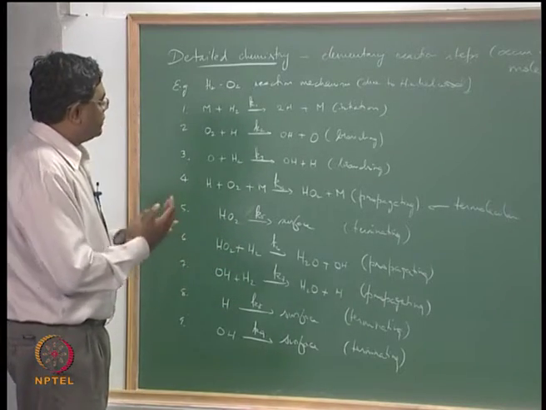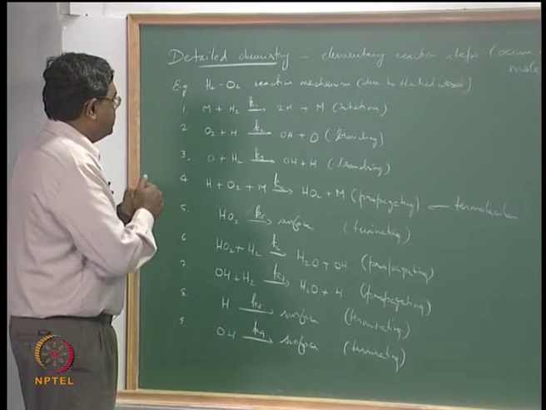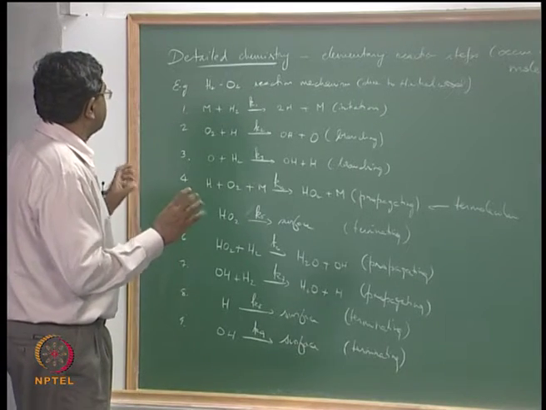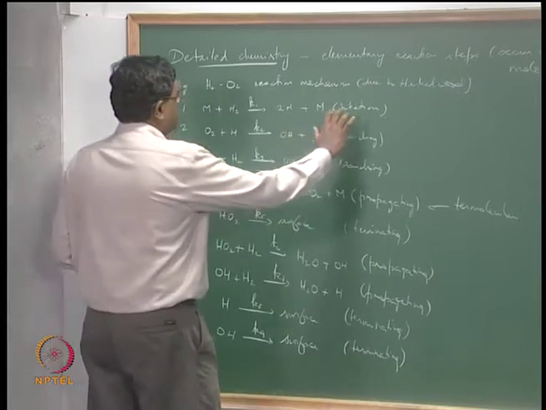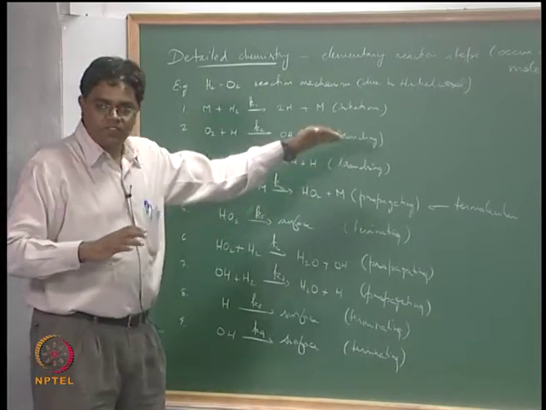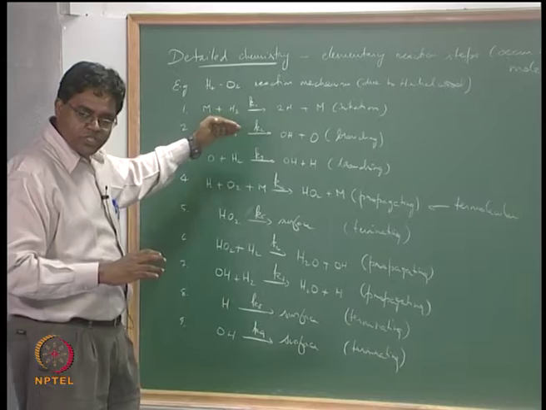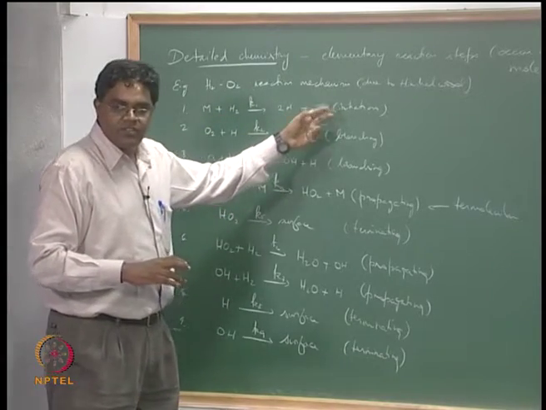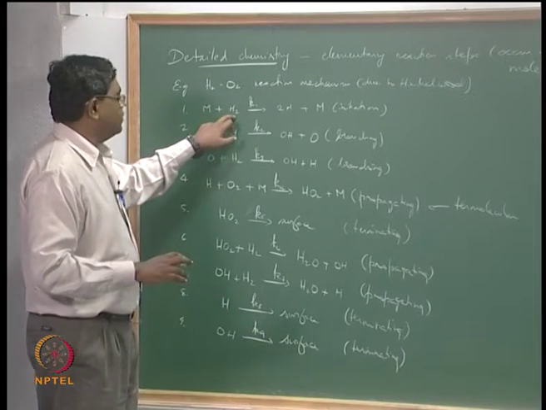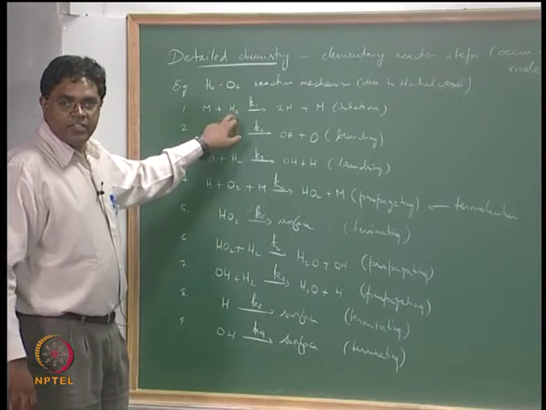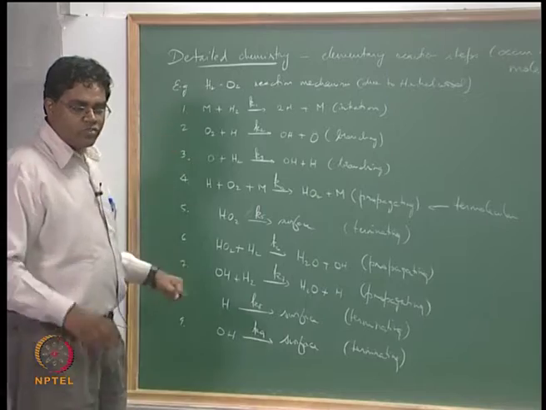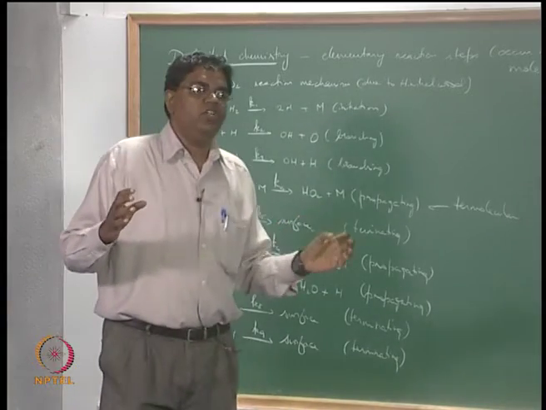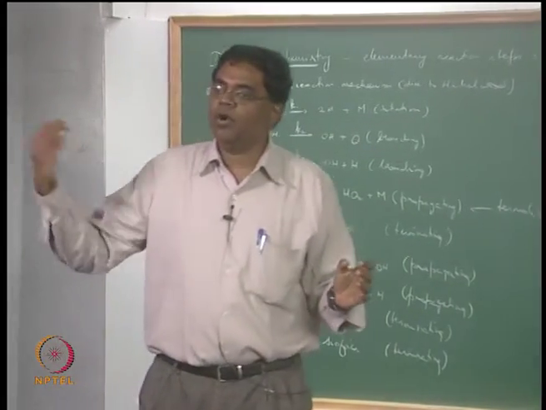Typically how it is being done, first of all what we have to look for is what is initiating this. So there must be one reaction, or at least one or two reactions, that initiates the reaction. That means you start with a stable reactant, and M corresponds to any species that this can bombard with.